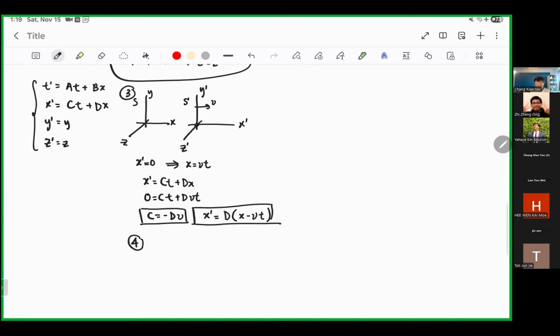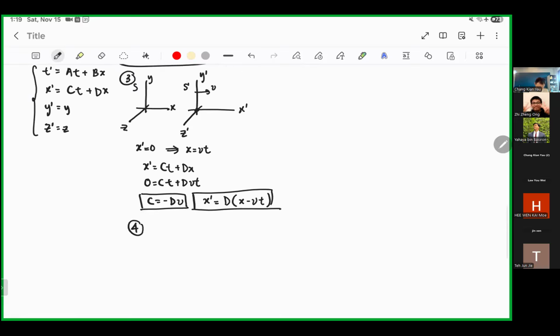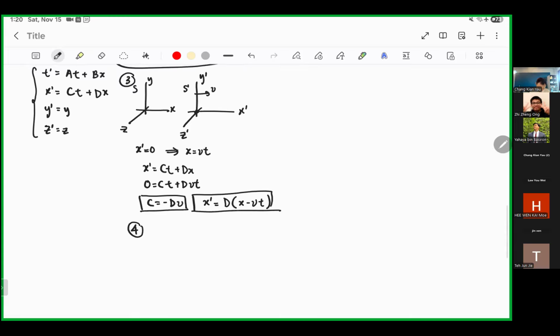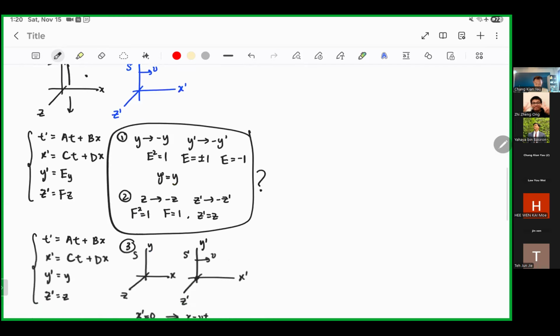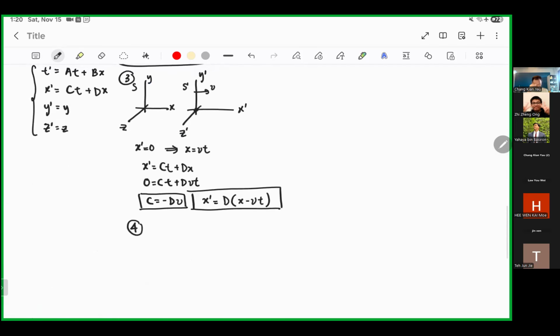Okay, we're doing another simplification. We've considered this frame, where x prime was 0, to simplify our calculation. And like I've told you just now from the postulate, all inertial frames are equivalent. So by this way of thinking, maybe you can do something with x equals 0.